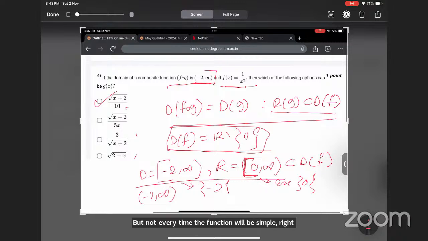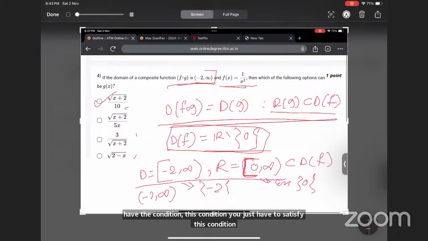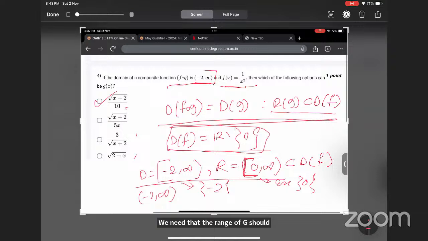So you have this condition. You just have to satisfy this condition. We need that the range of G should be subset of domain of F. And we know 0 is not in the domain of F, and 0 is in the range of the function G, right?